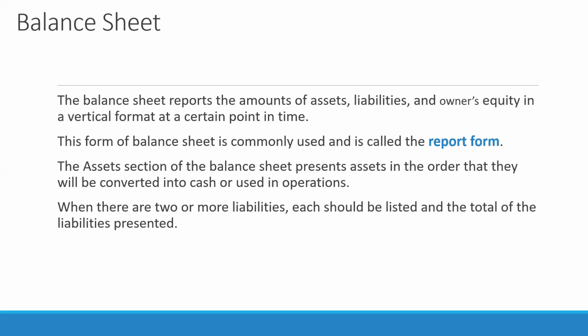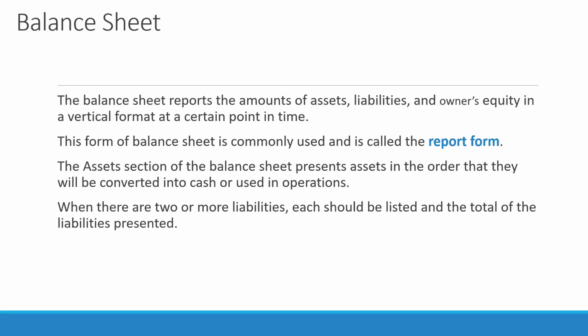After that, it's usually accounts receivable, because that's the cash that you're about to collect from your customers, and then supplies or prepaid expenses or things like that. As the assets get more long-term, they go farther down on the balance sheet. Long-term assets like investments or land or property, plant, and equipment would be lower on the balance sheet.